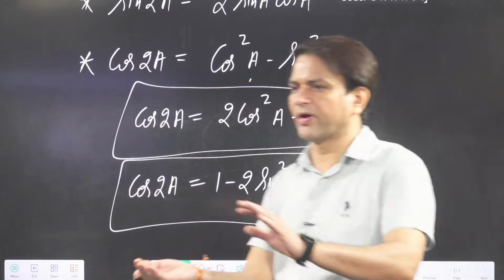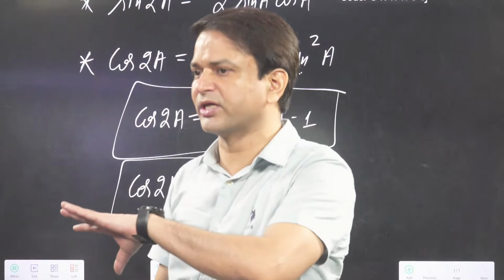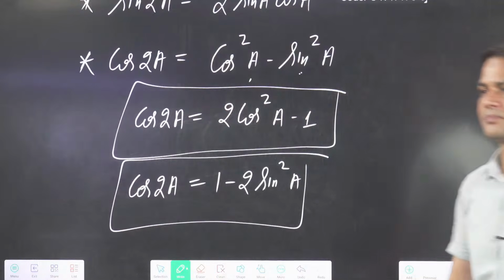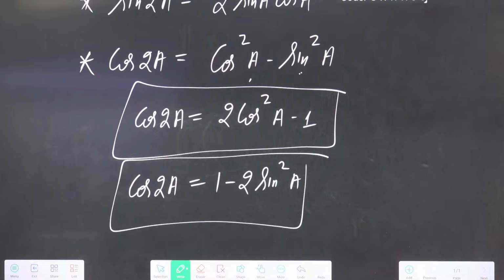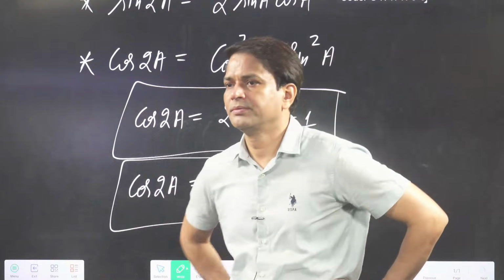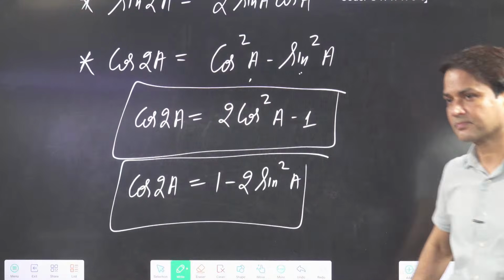When we start with cos, it is 2 cos square A minus 1. When we use sine, we reverse it: 1 minus 2 sine square A. Completed? Everybody got it?